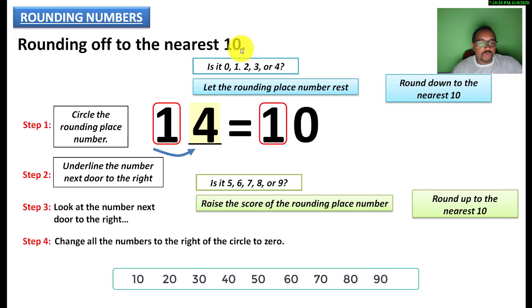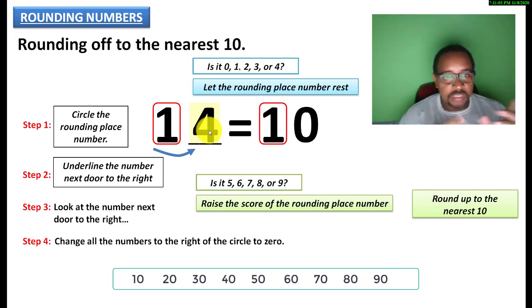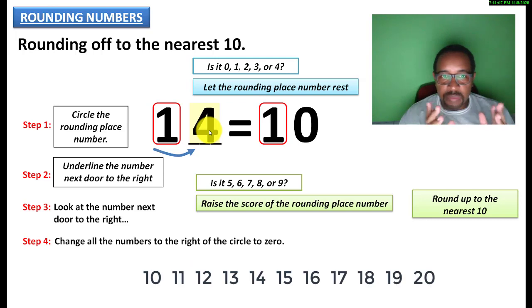Now, I see the number 14. Which two tens does it fall between? 14 falls between 10 and 20. And in the middle between 10 and 20, what number is there? It's 15, halfway between. Now you ask yourself, which 10, 10 or 20, is 14 closest to?